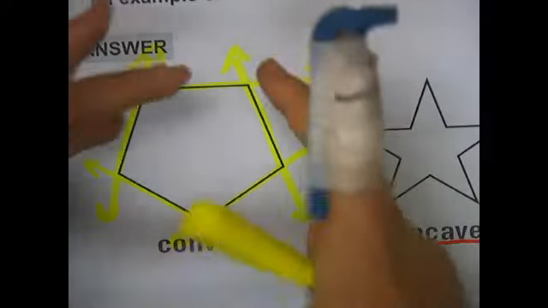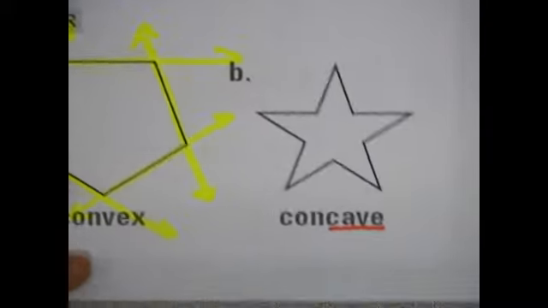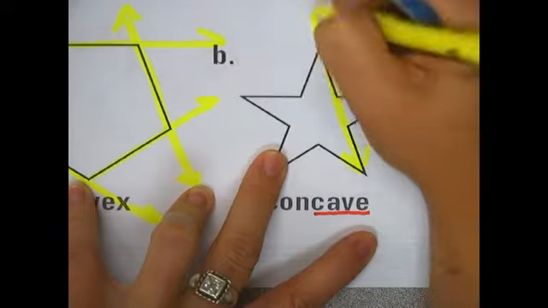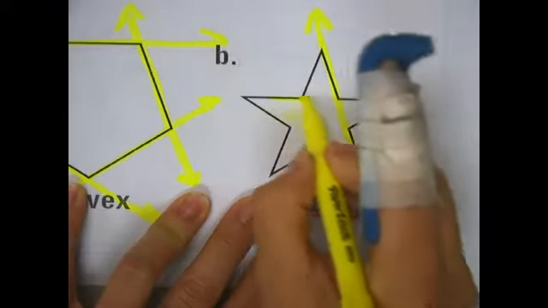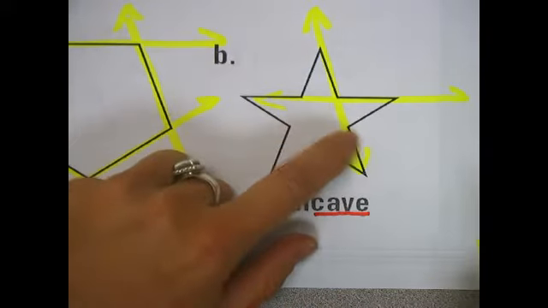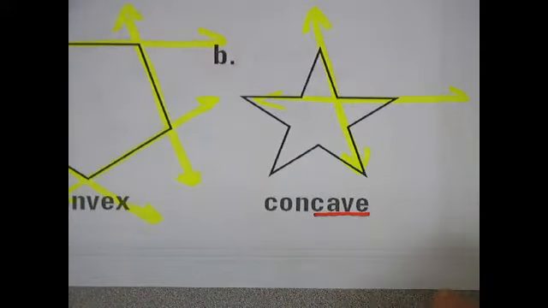So notice as I extend these out, all these little fragments are all staying outside of it. Versus this one that's concave, when I extend out this line segment, notice that those line fragments come into the interior of the shape. That's what makes it concave.